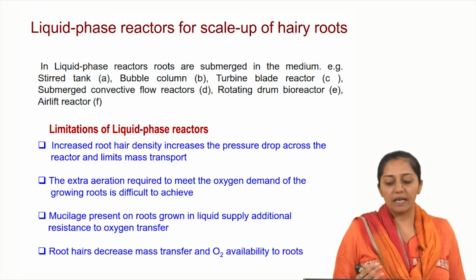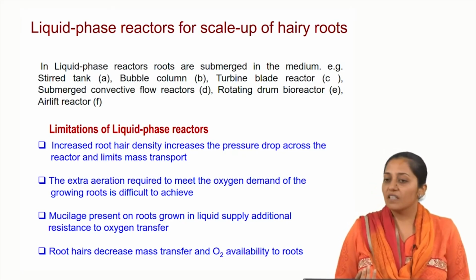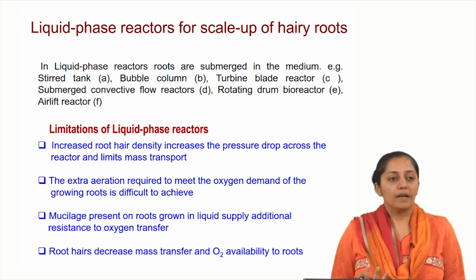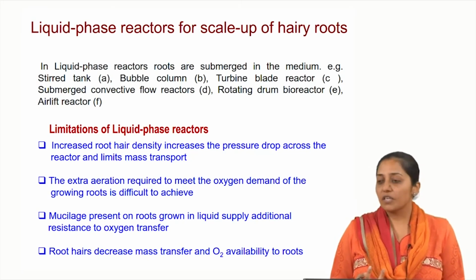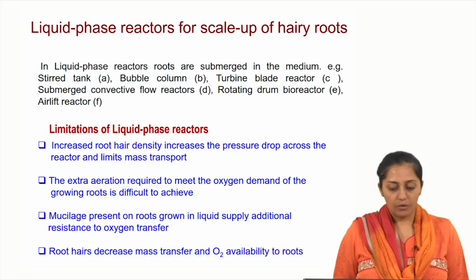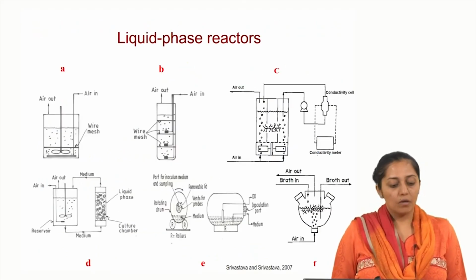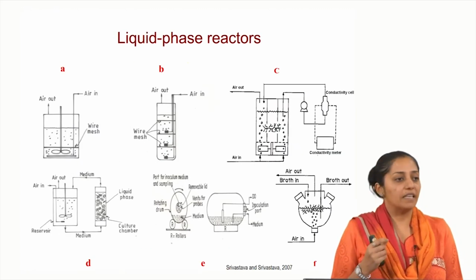In liquid phase reactors, the different kinds of reactors which we already know and which have been used are: stirred tank, bubble column, where the kind of impeller which you use has been varied, or submerged convective flow, rotating drum and airlift reactors. I will show you the pictures. So generally, as I said, because root cultures are self-immobilizing, they need a support.